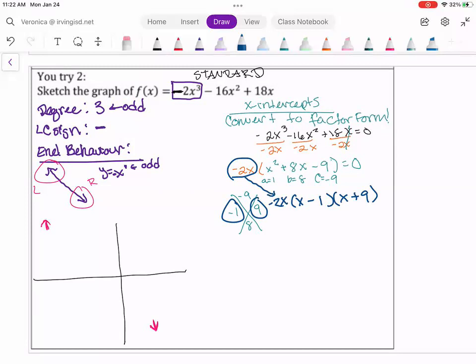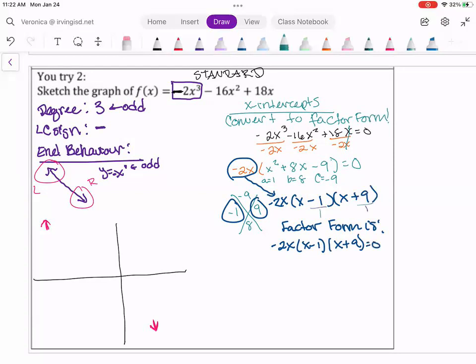Now we divide by a, but a is 1 here, right? So is the 1 going to change anything? No. So our factor form is negative 2x, x minus 1, x plus 9. So then what do we do now to find our x-intercepts?